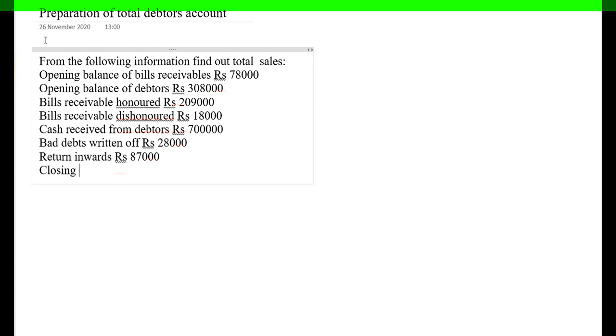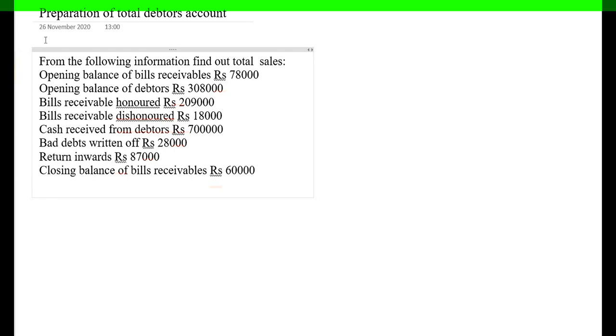Then closing balance of bills receivables, rupees 60,000.